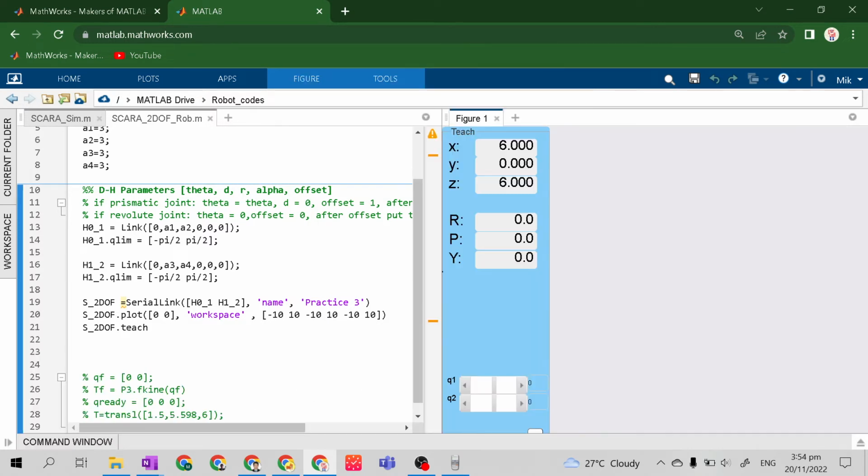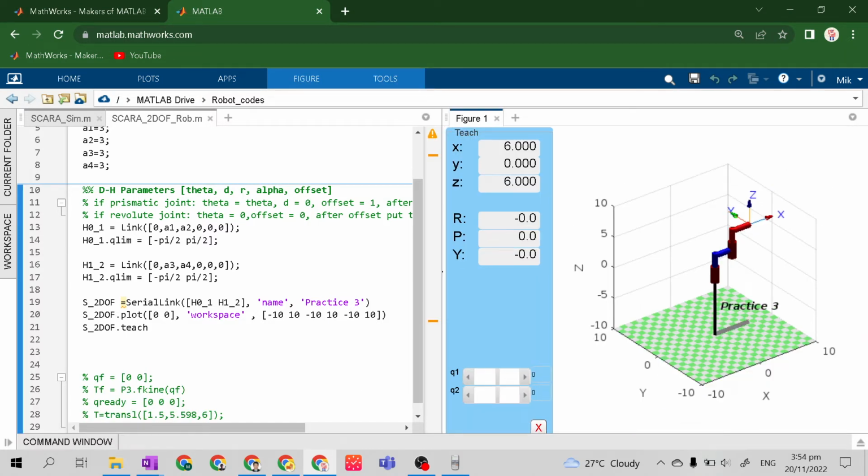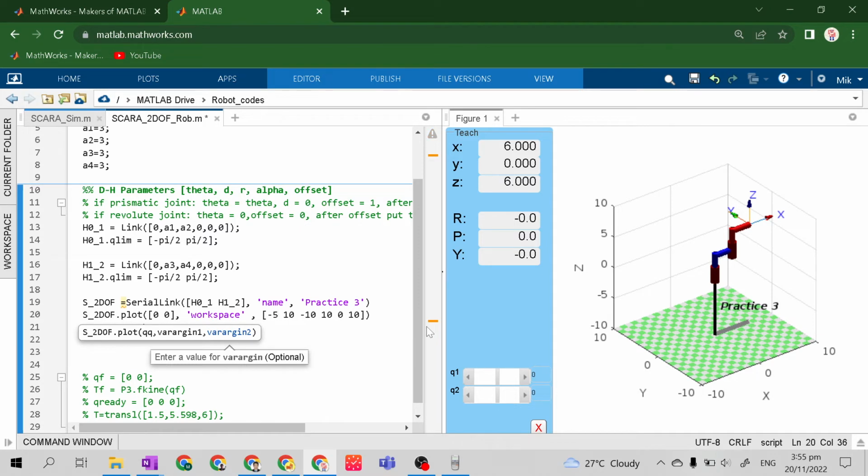Let's wait. So this is our 2 degrees of freedom manipulator. Okay, so let's adjust a bit so that it could be bigger. Let's adjust it in our workspace. So 0, 10. Let's make this -5 at the x-axis.